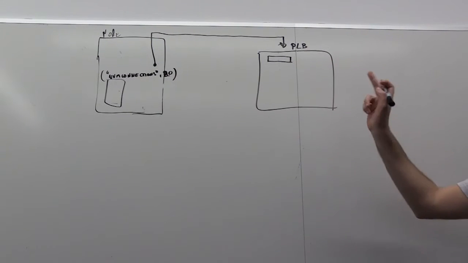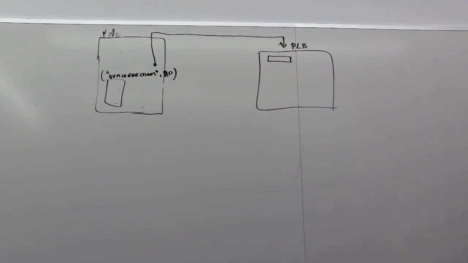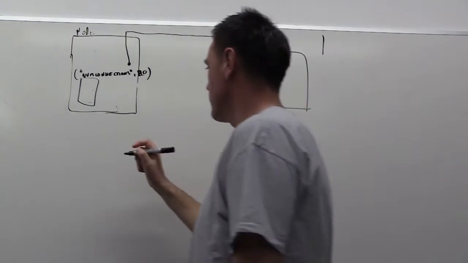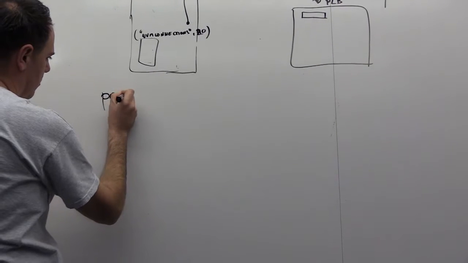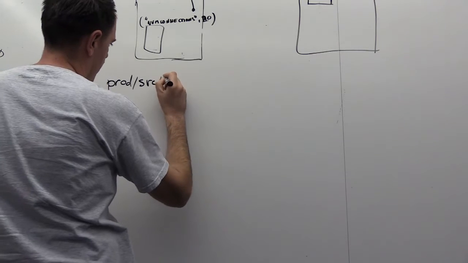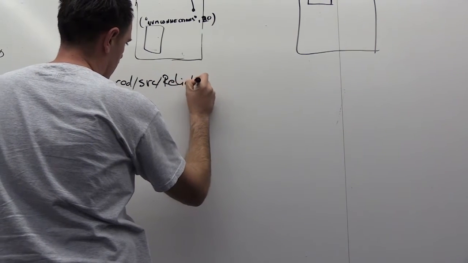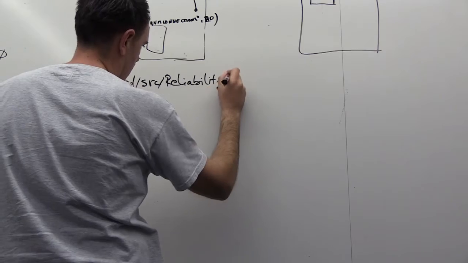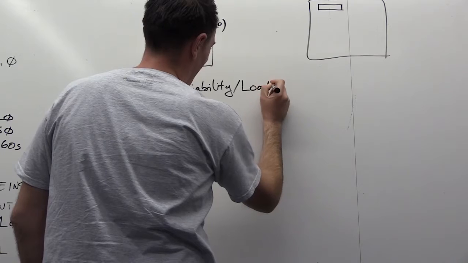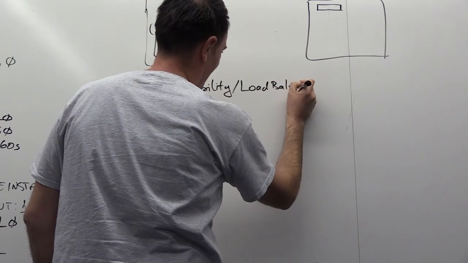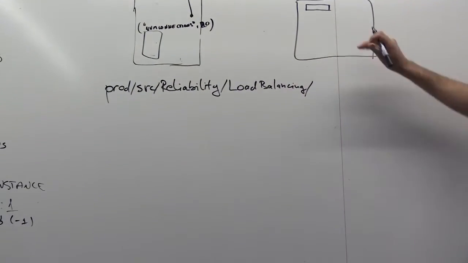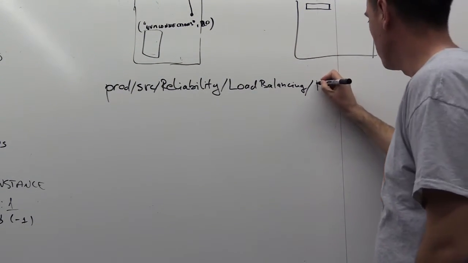If you actually want to check out the source code, it is located in the folder production/source/reliability/load balancing, and most of our code is there. The file where Autoscaler lives is called autoscaler.cpp.